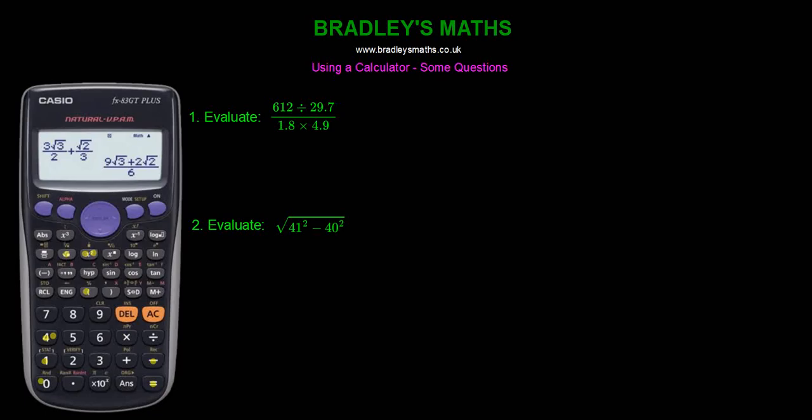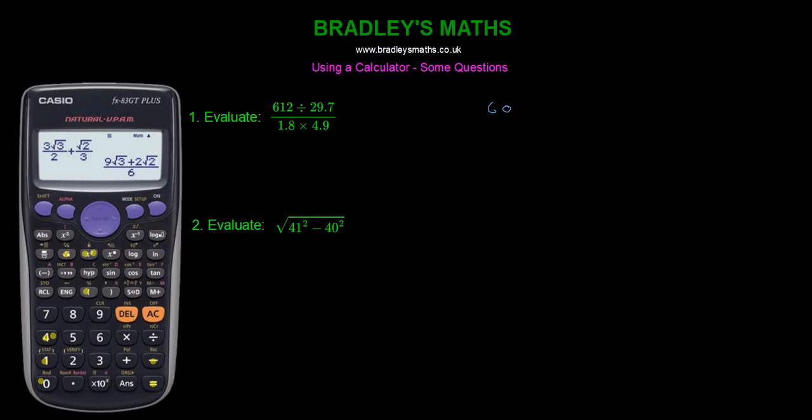So we have 612 is about 600. 29.7 is about 30, all over 1.8 is about 2, and 4.9 is about 5.